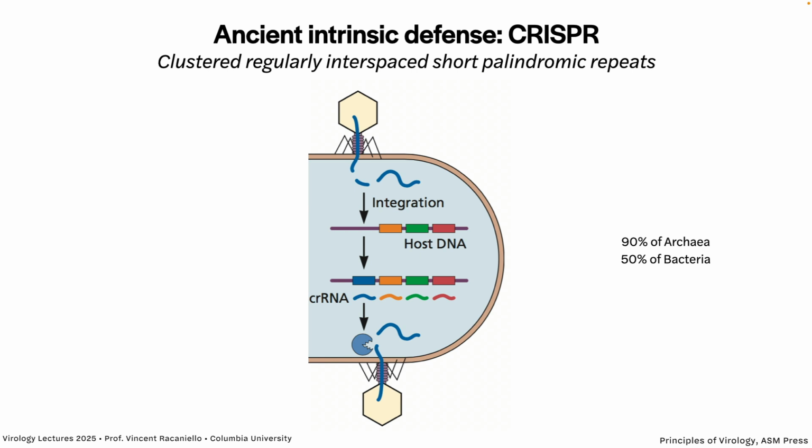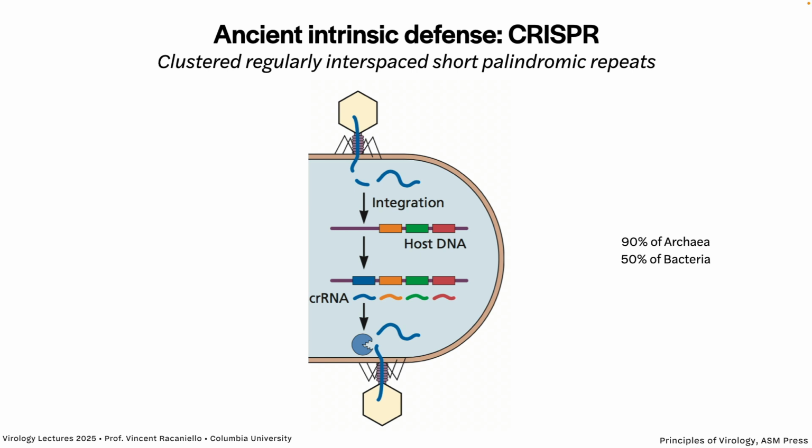It is a way of remembering past viral infections, or any invasion by foreign DNA that comes in the cell. Here we have a phage injecting DNA. The DNA is chopped up by the CRISPR system, and little bits of the phage genome are integrated in the host DNA. Those are the palindromic repeats that were originally seen, and people wondered, what is this?